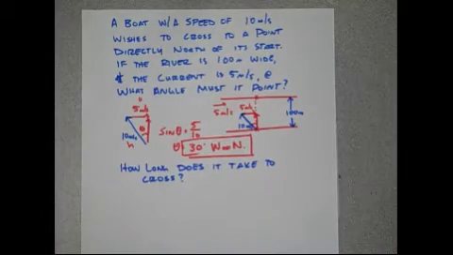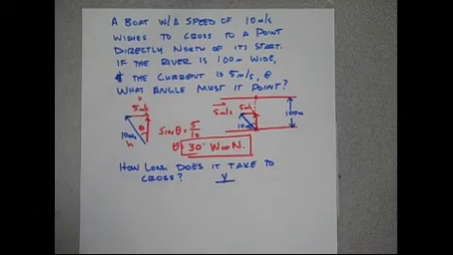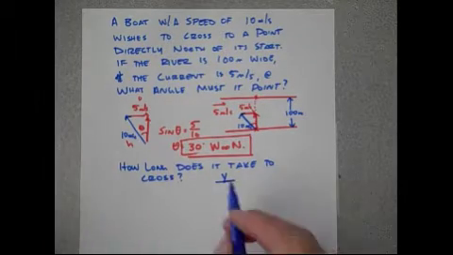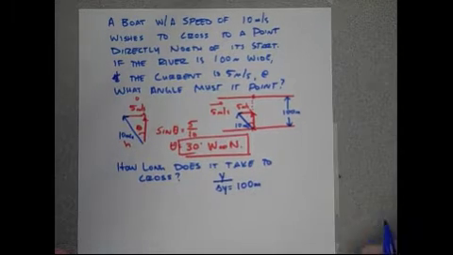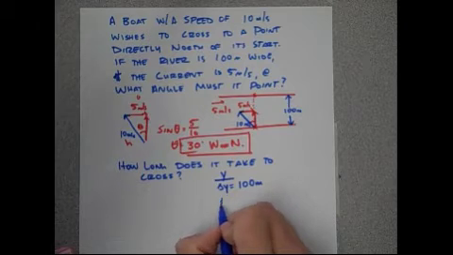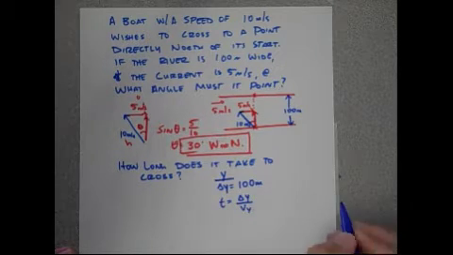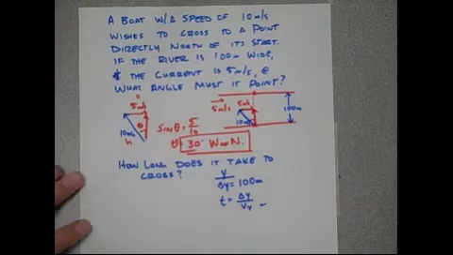And if we're looking at how long it takes to cross, well, just like before, that's a y direction question. So we have to explore what we have in the y direction. We know that our delta y is 100 meters. And in order to get our time, we need that delta y divided by the velocity in the y. Well, we weren't really given that. So let's look at our triangle here.